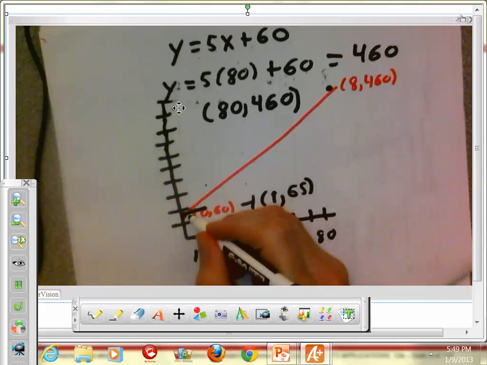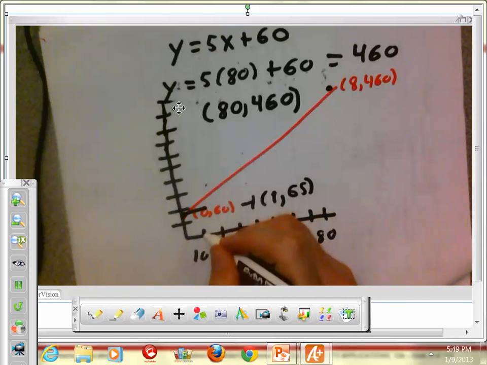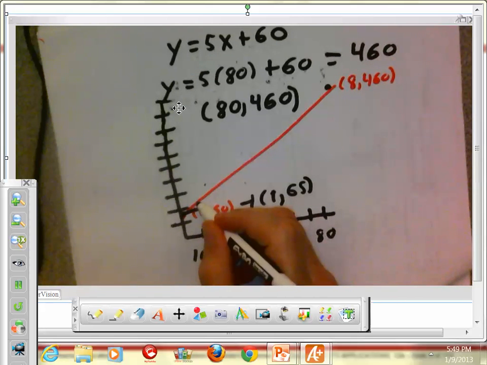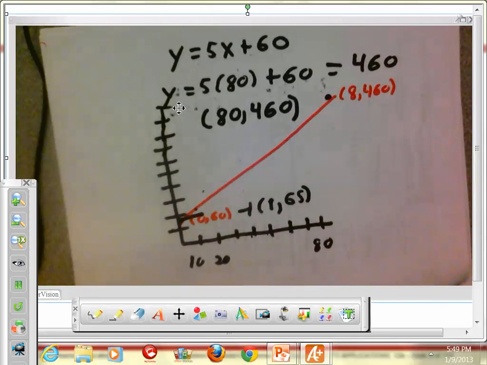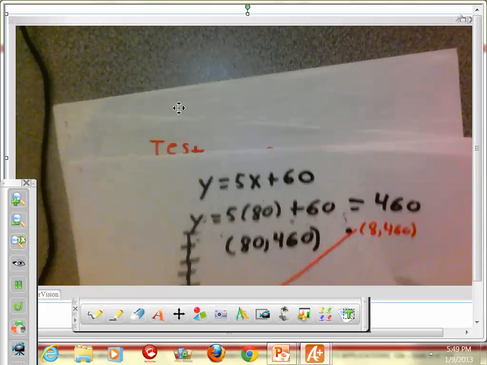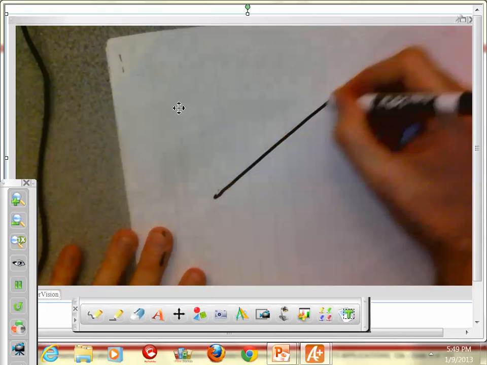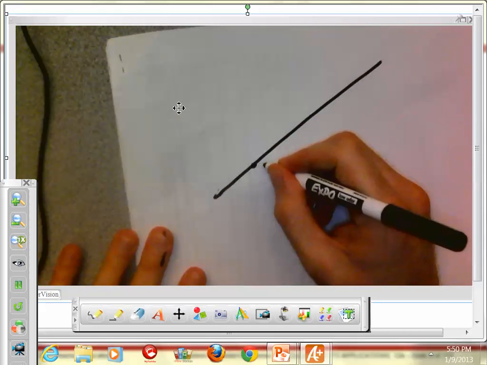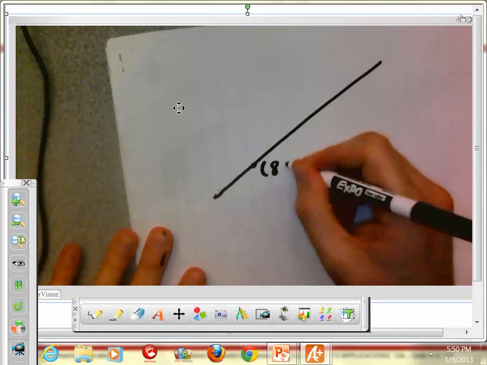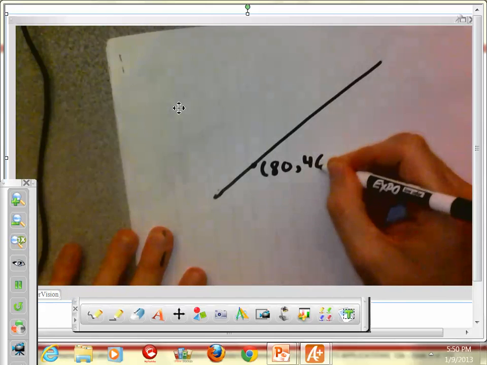If I go forward 1 unit from the, let's see, the numbers are too close together, so let me redraw that. All right, so this is the point, say (80, 460), that we have on the line.